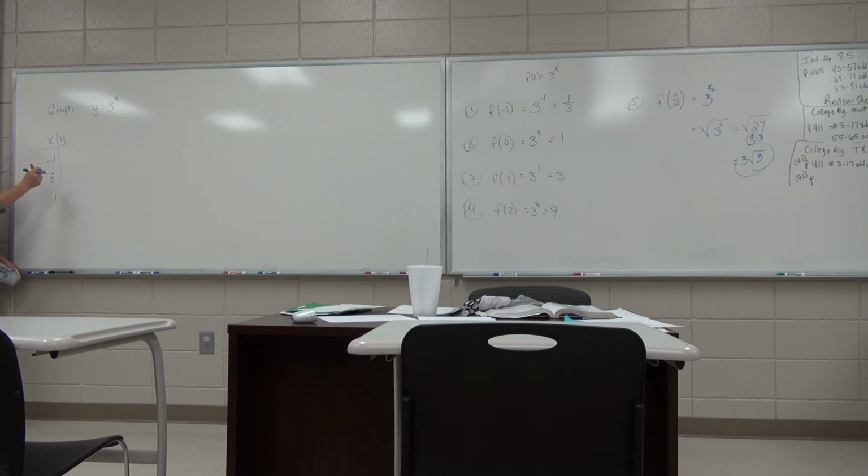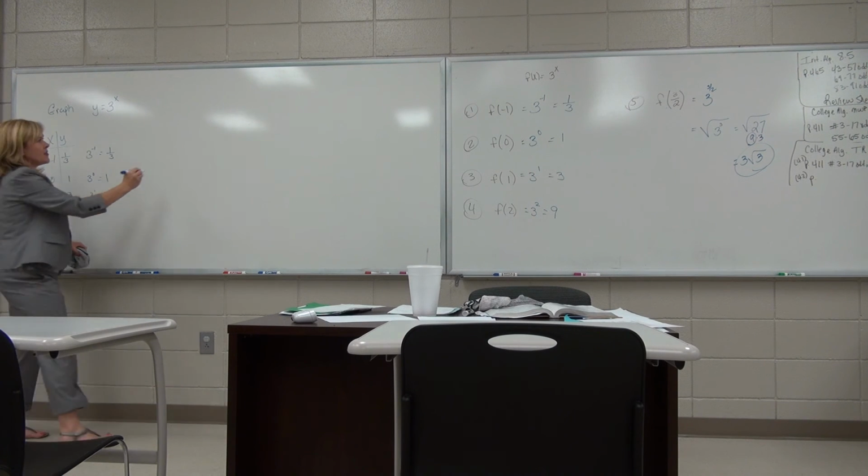Alright, so f of -1, that's going to be 3 to the -1, which is 1/3, right? Put a 0 in place of the x. That's 3 to the 0, which equals 1. 3 to the first power equals 3. With me there?